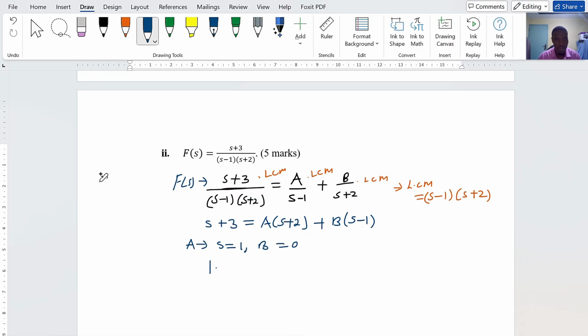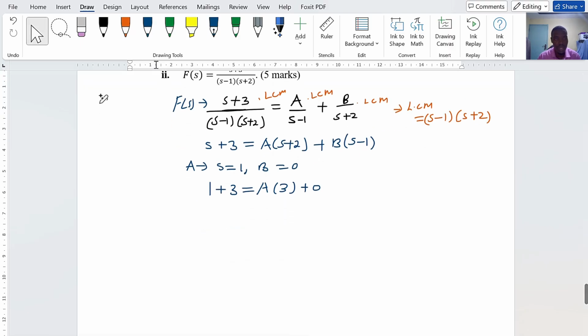So we are going to have 1 plus 3 equals to a into 1 plus 2, which is 3, then plus 0, because we have to solve for a. So s is 1, that means this part is 0, b will be 0. When you do that, you'll get 3a equals to 4. So we are going to have our a equal to 4 over 3.